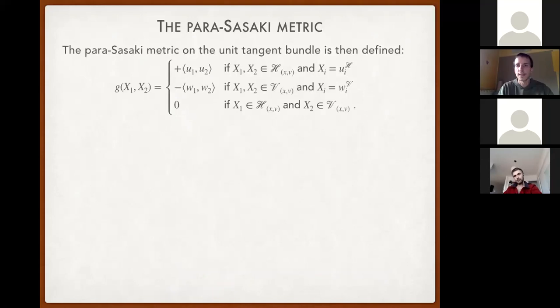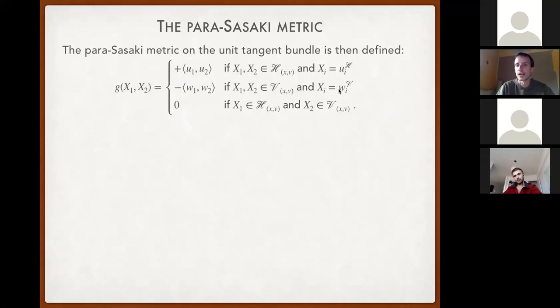And now we can finally define the para-Sasaki metric. The definition is very natural because we define it subspace by subspace. If you have two vectors which are horizontal, then you just match them by using the hyperbolic metric on the base.